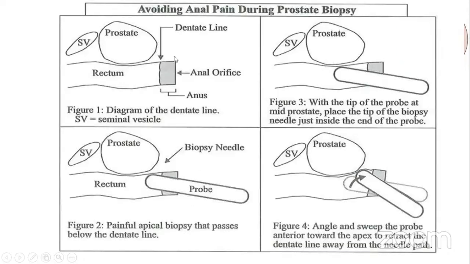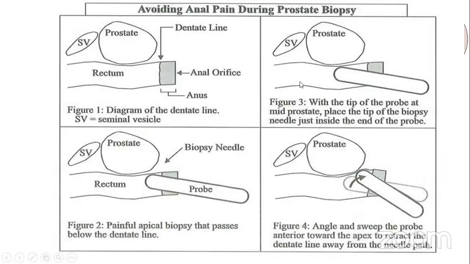This is all the picture. This is figure 1, a diagram from the dentate line to the seminal vesicles, and here is figure 2, the painful apical biopsy when the needle is inserted below the dentate line, an area innervated by the inferior rectal nerve.